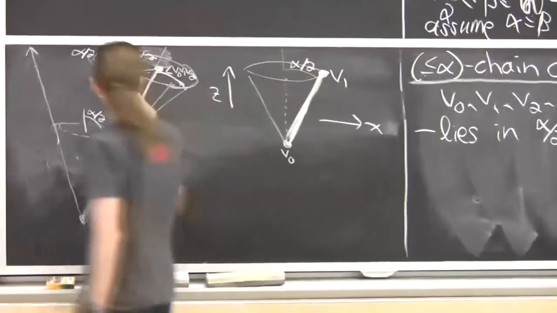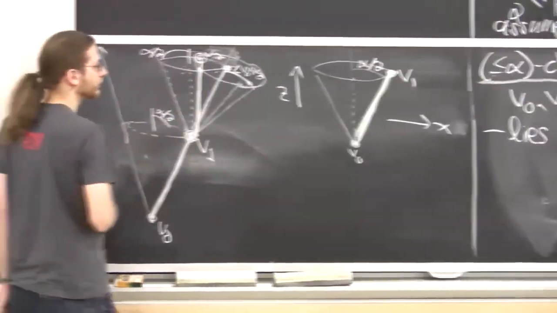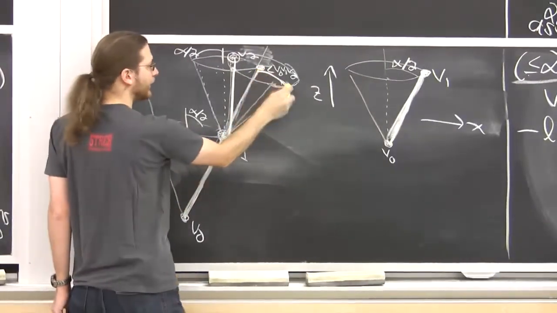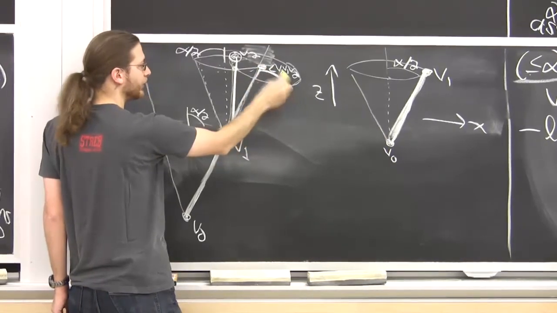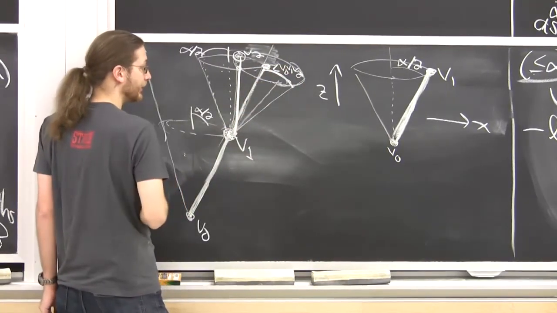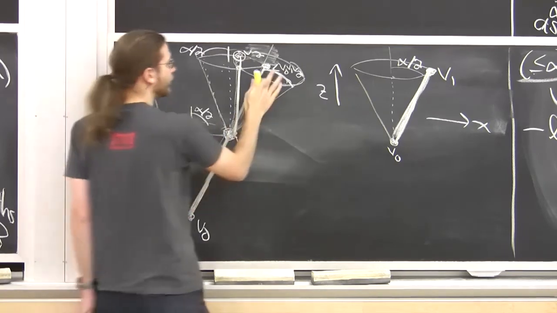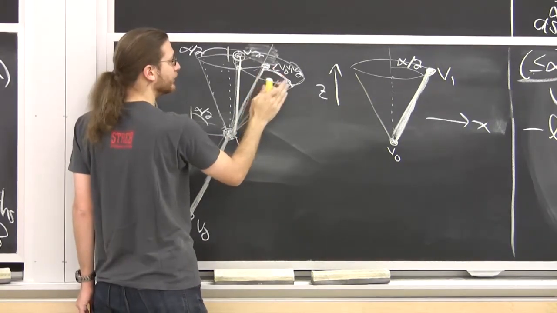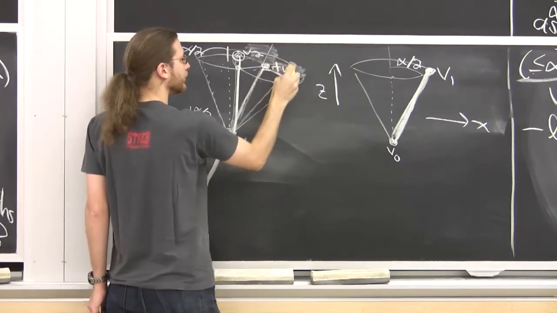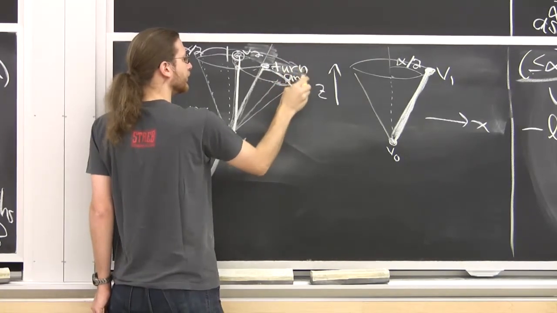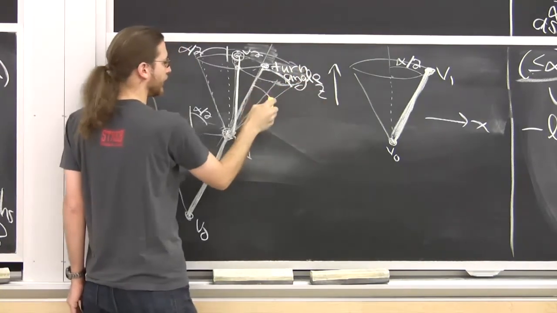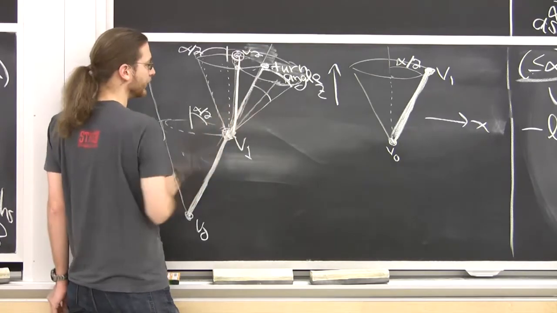The worry is that these two cones don't intersect. Here we have an angle. The half angle of the cone is whatever angle the angle is at V1. Sorry, this should not be the angle. This should be the turn angle. That angle is how much you turn from V0, V1.